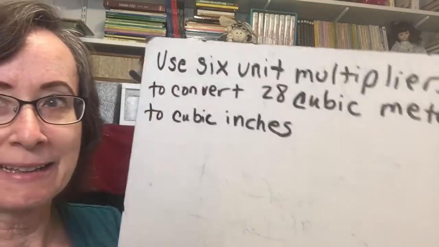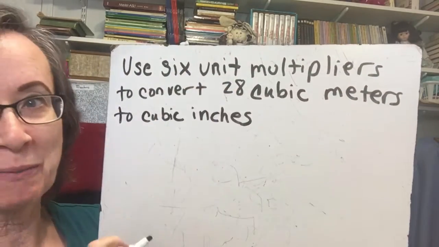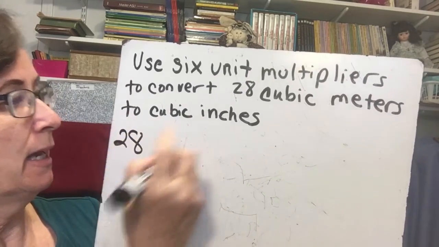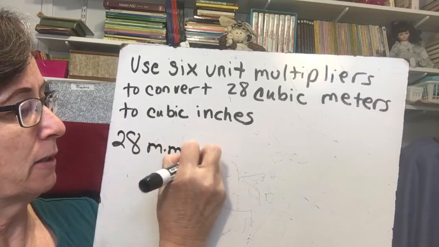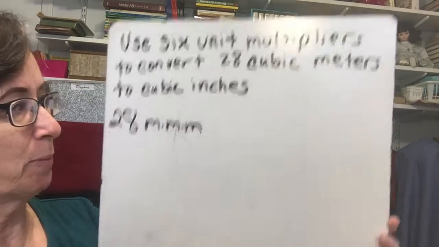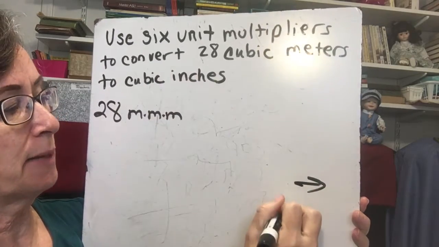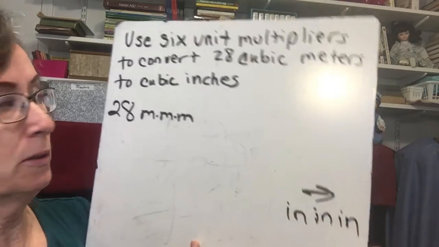This is exciting. This is our last problem, and it's a doozy. 6-unit multipliers. Okay, so we're going to start with 28 cubic meters is meter times meter times meter. And I'm going to put our little goal down here. Here's our goal. Inches times inches times inches. That's what we're trying to get to.